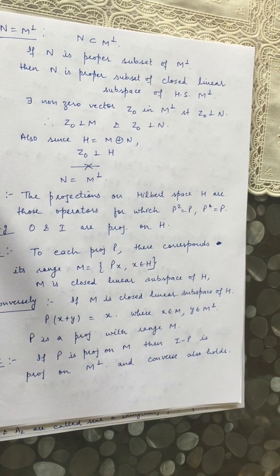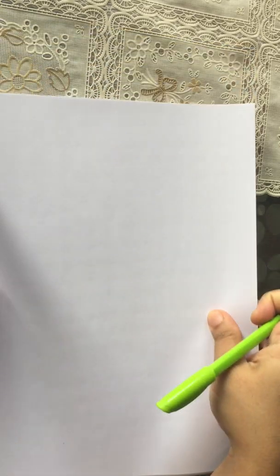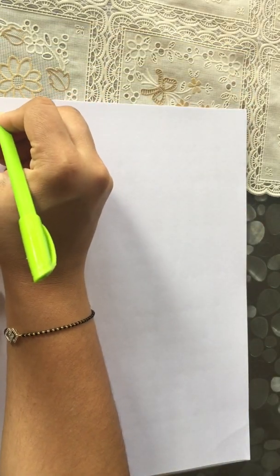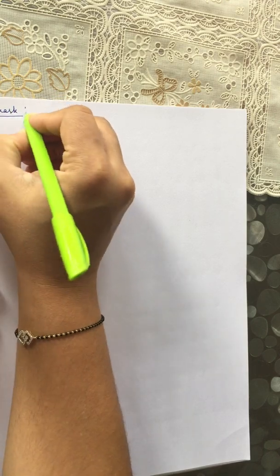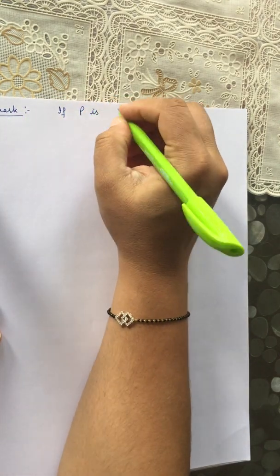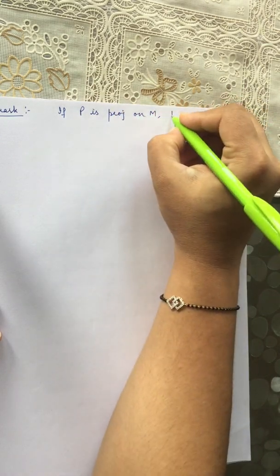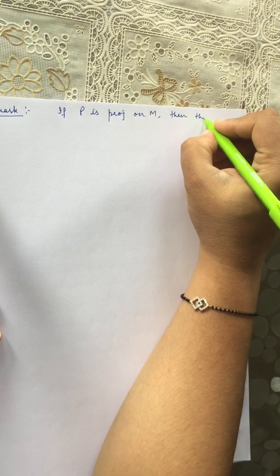Now we have one more result which gives three equivalent conditions for the projections. So we have this result, or we can remark it. If P is projection on M, then the following conditions are equivalent.